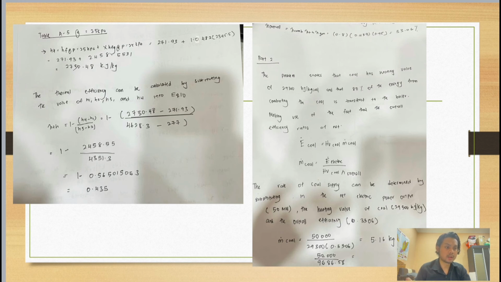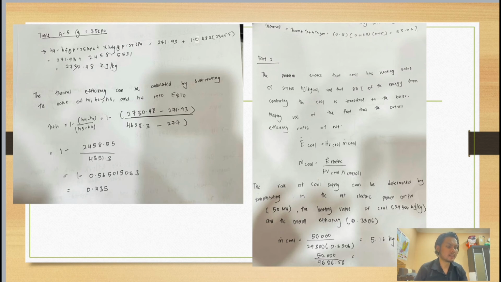That means 0.8 from the turbine, 0.435 from the thermal efficiency we got previously, and then times the 95% that I assume for the pump inlet. So easily we get 33.06%.